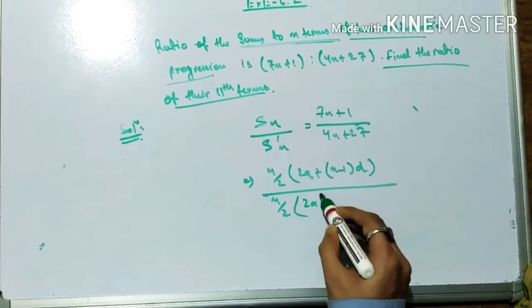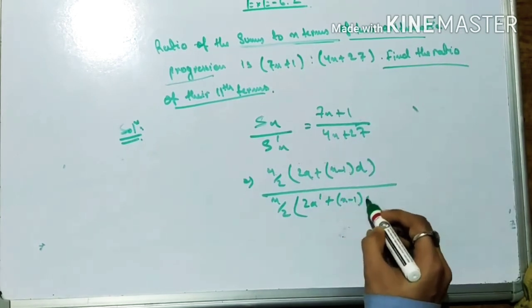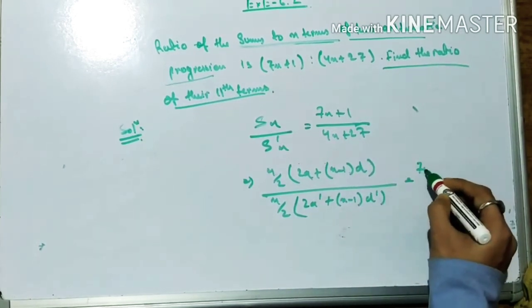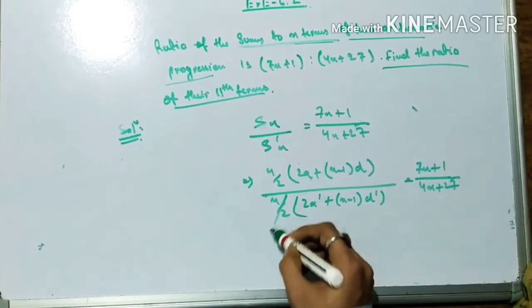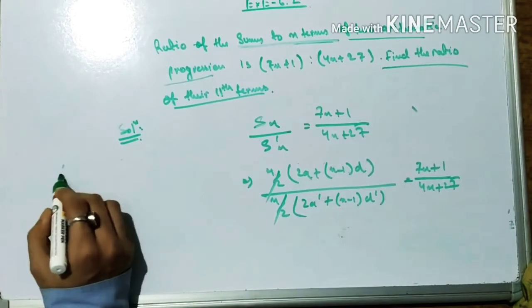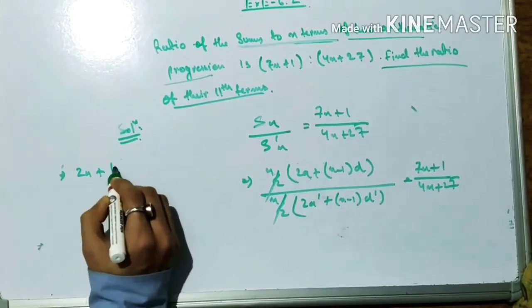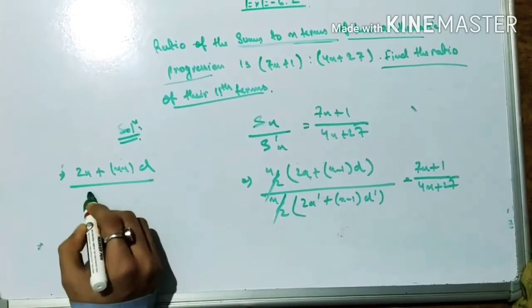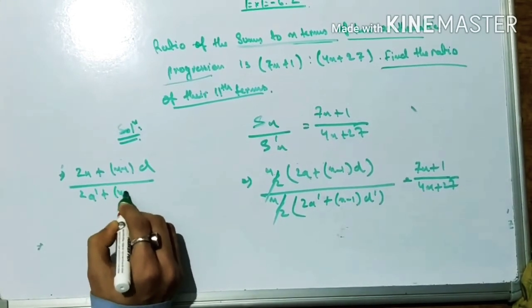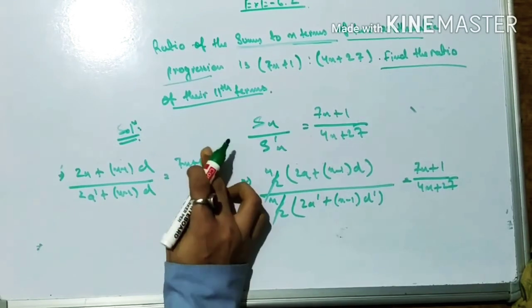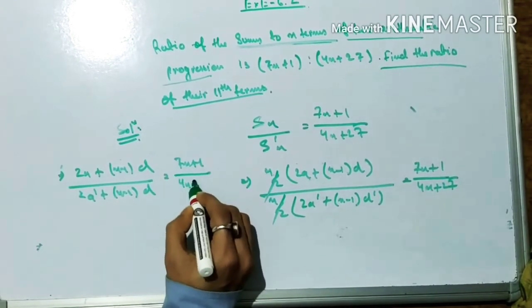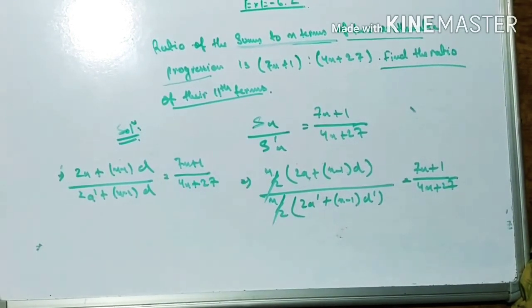Is equal to (7n plus 1) / (4n plus 27). The n by 2 cancels, and ultimately I will get (twice a plus (n minus 1) d) / (twice a dash plus (n minus 1) d dash) is equal to (7n plus 1) / (4n plus 27). Understand?